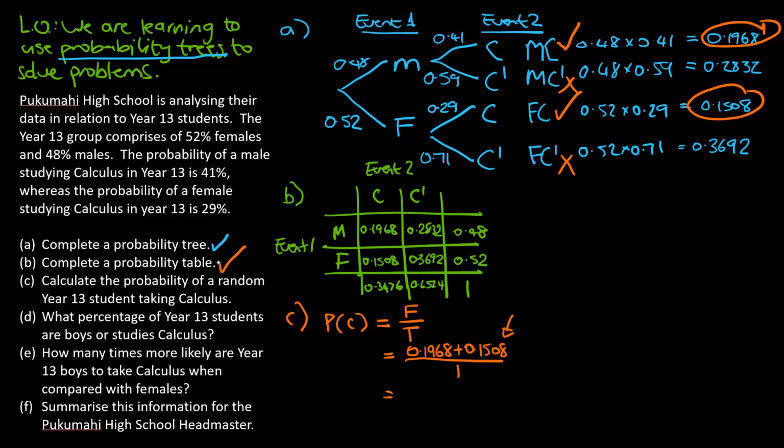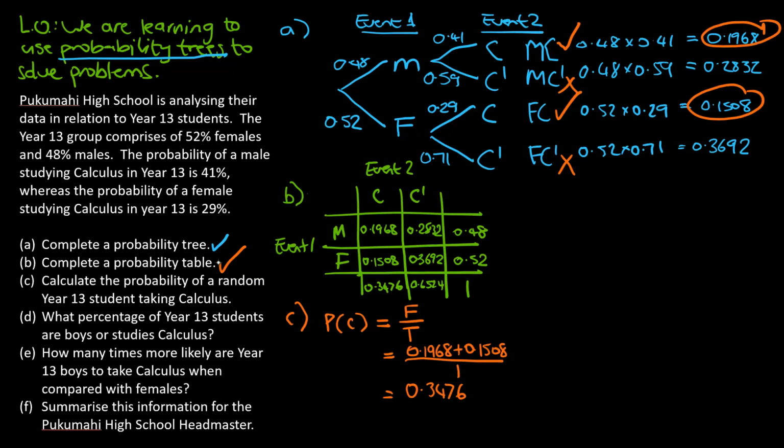And when we add both of those up, that does get us the number from our table. So that means the probability of someone taking calculus will be 0.3476. So if you are going via a table, you can use that number. Or if you're going via a probability tree, you can use either the numbers or the addition of the groups that we're interested in.